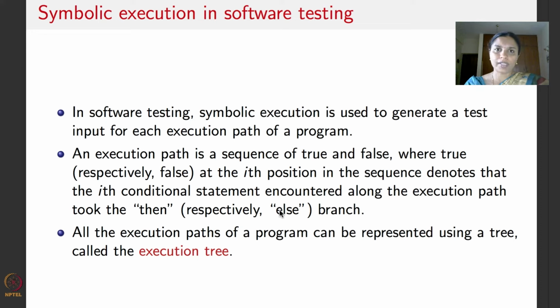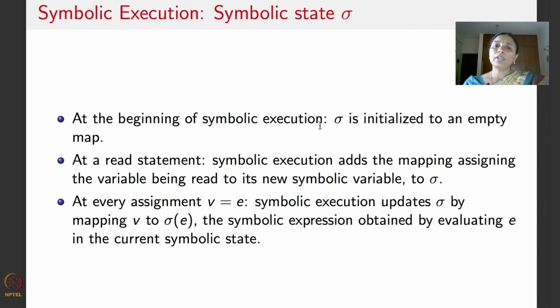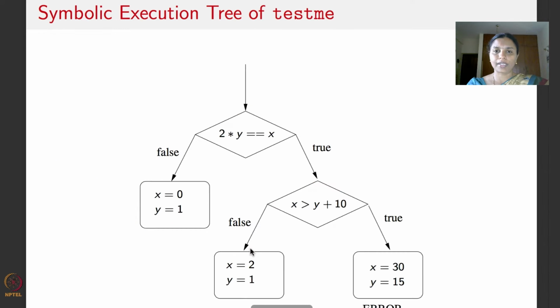This should be obvious as we saw in that example, and we represent the execution paths using an execution tree. This is an execution tree. At the beginning of symbolic execution, the symbolic state sigma is assigned an empty map. At every read statement, it assigns a symbolic variable. At every assignment statement, it assigns a symbolic expression, like here, for example.